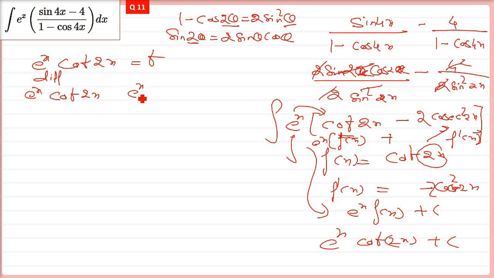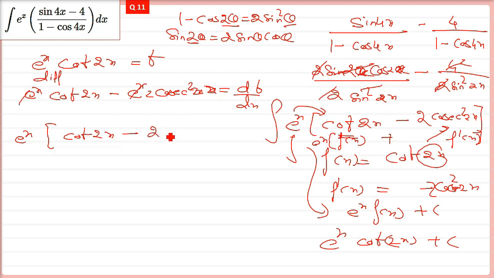Cot 2x will be minus cosec square 2x. So cosec square 2x, you have already done that, okay? This is equal to dt by dx. Now I am just rearranging. I am taking e raised x outside, cot 2x here. Both taken outside. So negative 2 cosec square 2x will be there. And this is equal to dt.